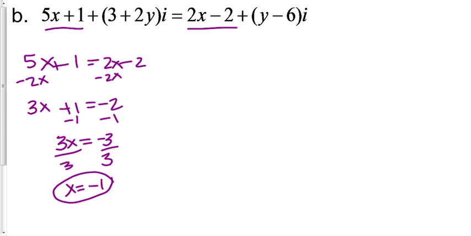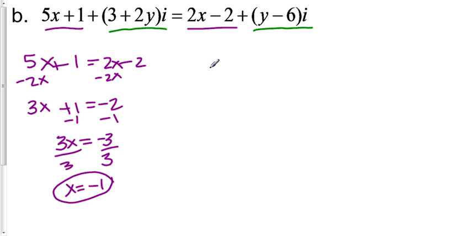Okay, so that takes care of x, and now I need to figure out what the y value is. The y variable here is a part of the imaginary part of our equation. So this part here, 3 plus 2y, has to equal y minus 6. Now, I know that both of them have i's with them, but we're just not going to use that here.